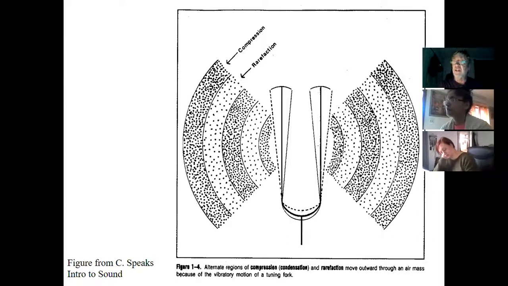And when you're looking at sound waves, you can say that the squeezed areas are condensed or compressed. See where it says that right here? Compression. And then you have rarefaction. So you have squeezing, separating, squeezing, separating. Those are sound waves. So each squeezing and separating is one up and down.